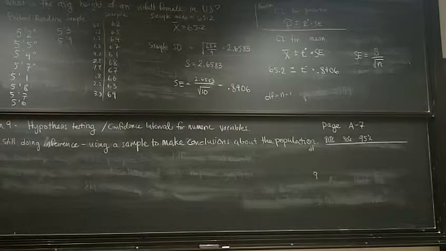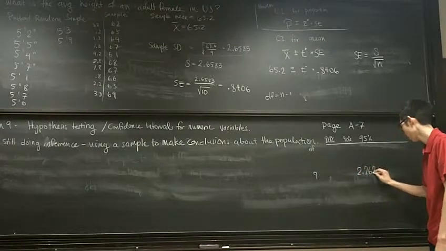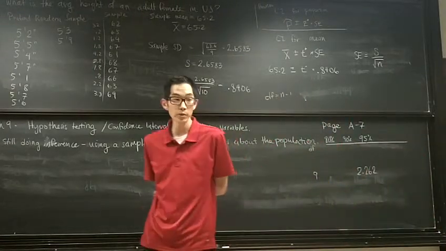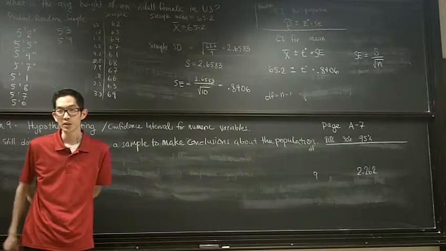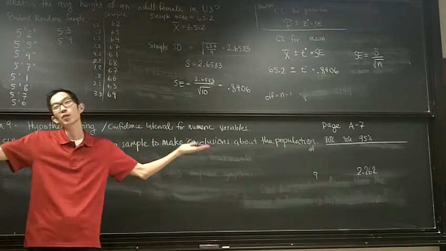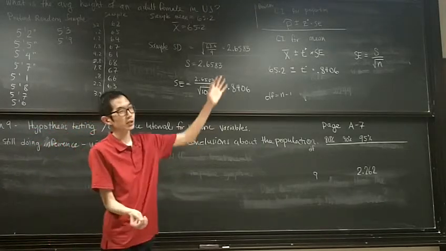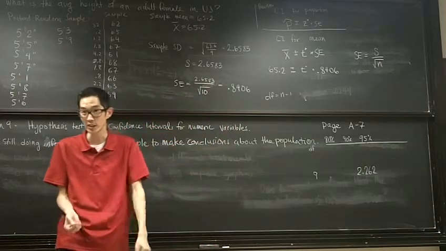Yes, 2.262. Why 95% again? That's just a number I picked. When we did confidence intervals for proportions, I would say make a 95% confidence interval or a 90% confidence interval, and you would use 1.96 or 1.645 or something like that.